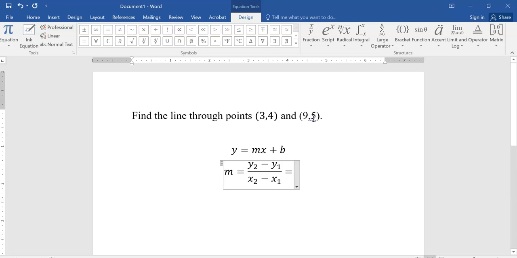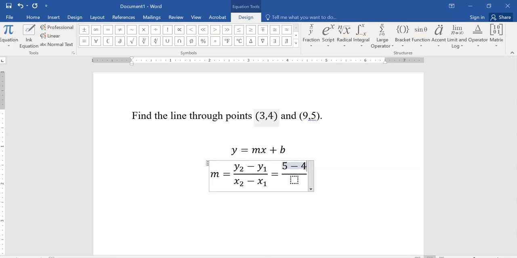So point 2, (9, 5), has a y value of 5. So we're going to go 5 minus point 1, which has a y value of 4. So 5 minus 4 goes on the top. And then on the bottom, 9 is the x value of point 2, and 3 is the x value of point 1. So when you divide that, you get 1 over 6, and therefore the slope is 1/6.